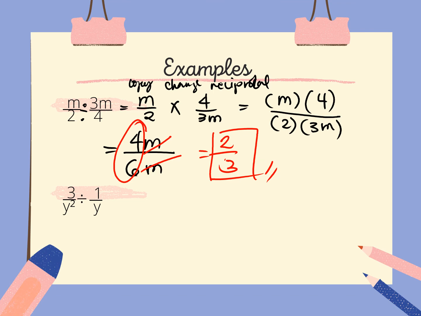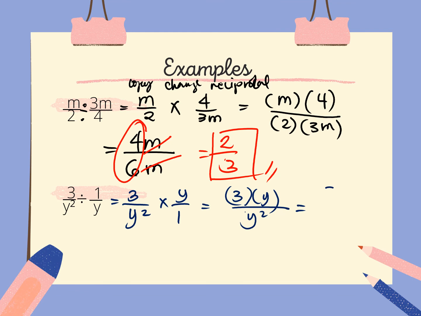Okay? And for the next one, same procedure, copy. So we have 3 over y squared times y over 1, because the reciprocal of 1 over y is y over 1. So we have 3 times y over y squared, because any number multiplied by 1 is still equal to that number. So we have 3y over y squared.